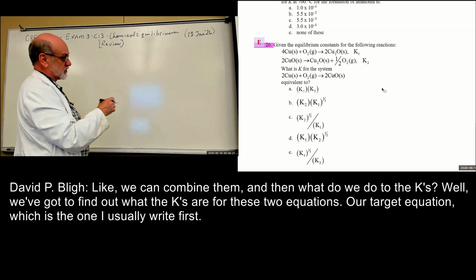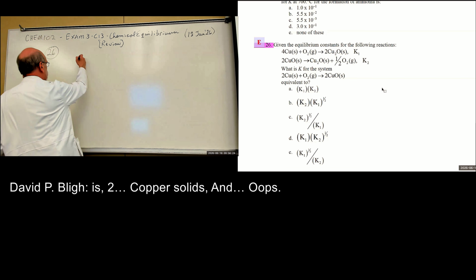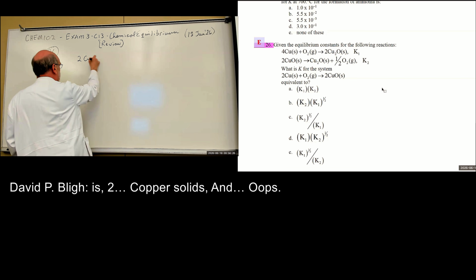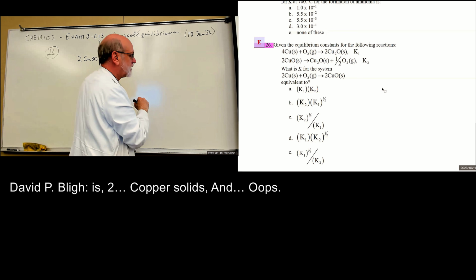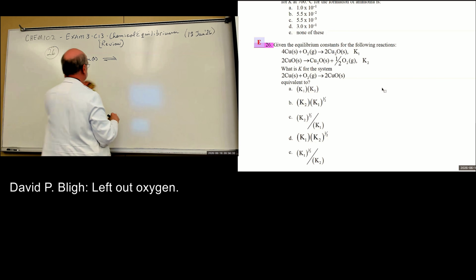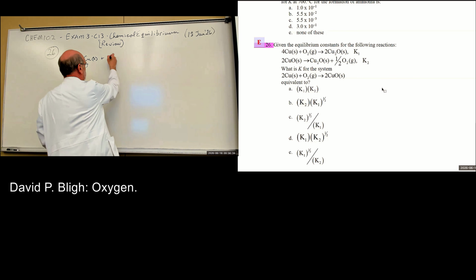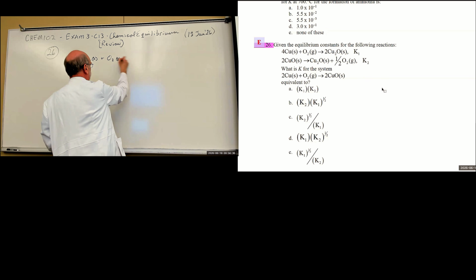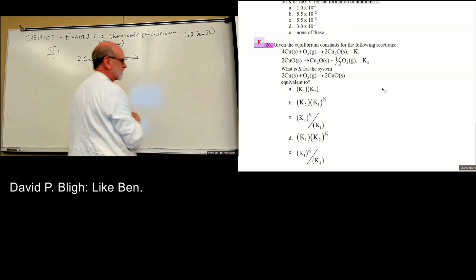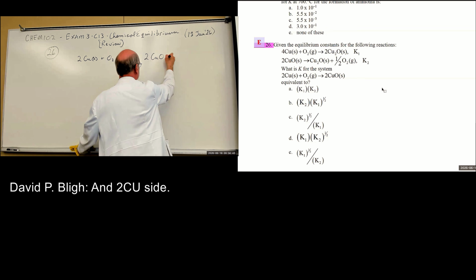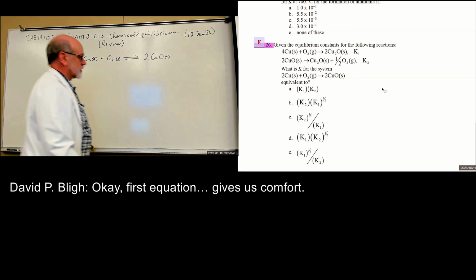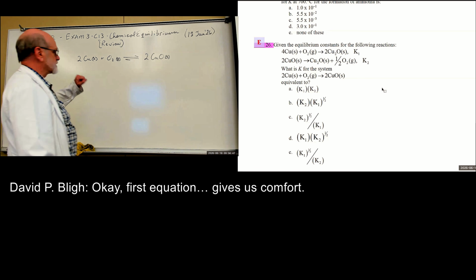Our target equation, which is the one I usually write first, is 2 copper solids and oxygen, and 2 CuO solid. Okay, the first equation gives us copper.